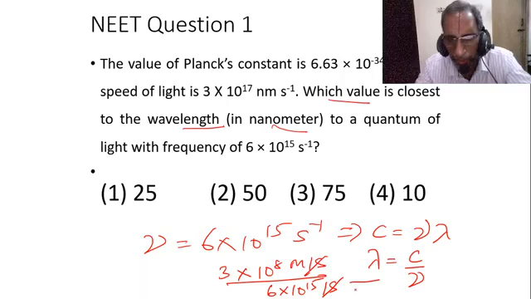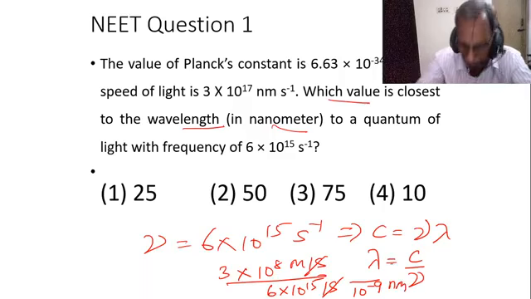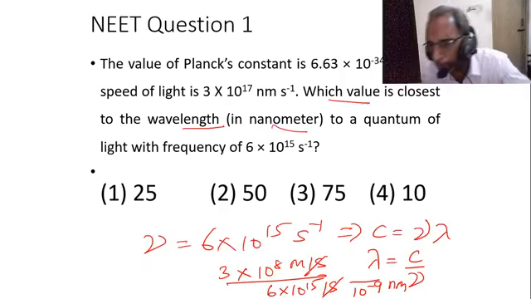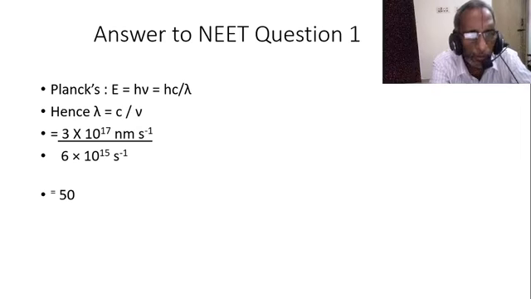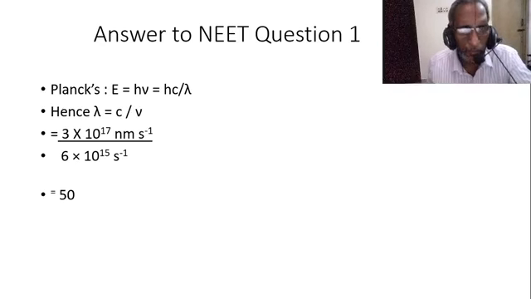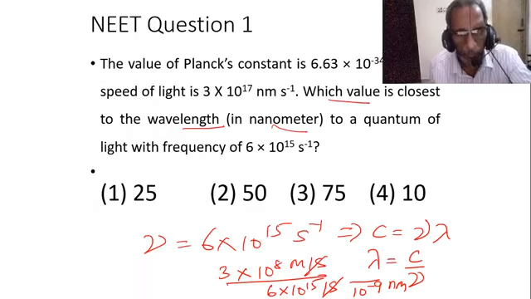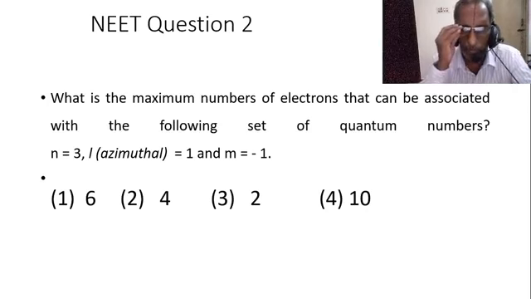If you divide by 10 power minus 9, you will get nanometer. Next slide, for your understanding: E is equal to hc by lambda, or h nu, and lambda is equal to c by nu. So the answer is 50 nanometer. Up to this we have covered.